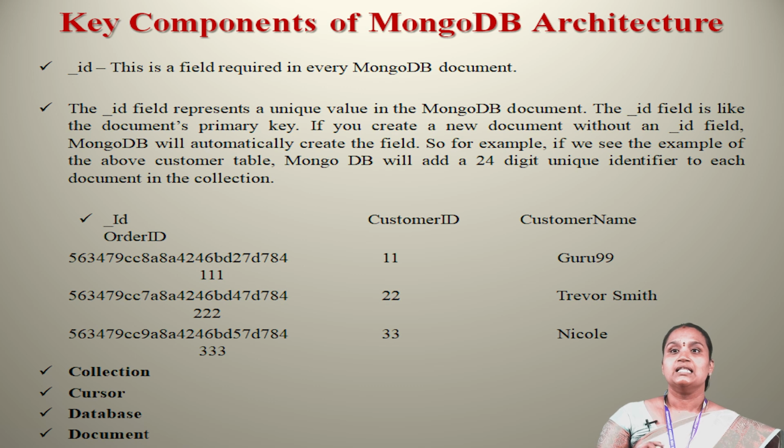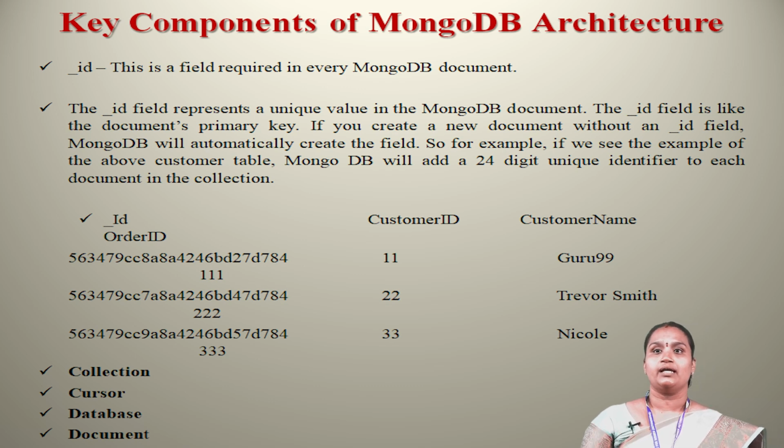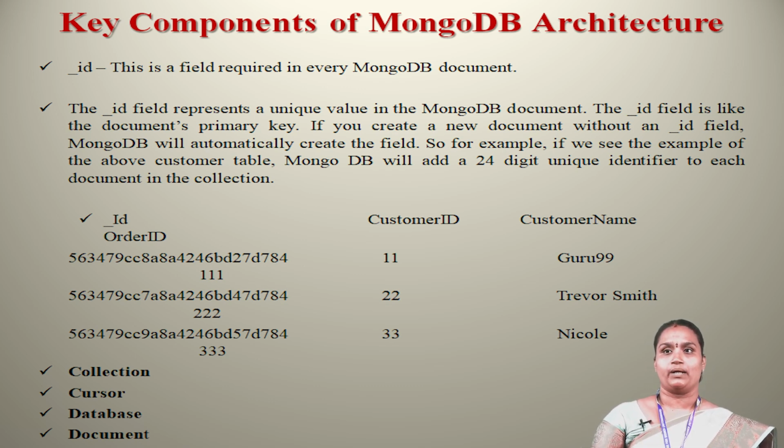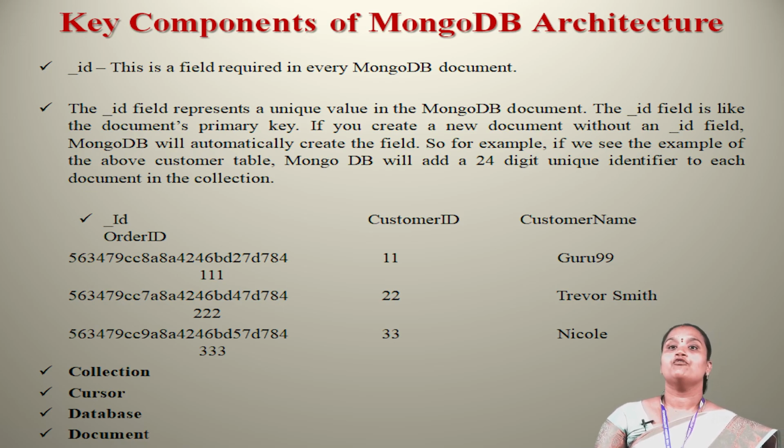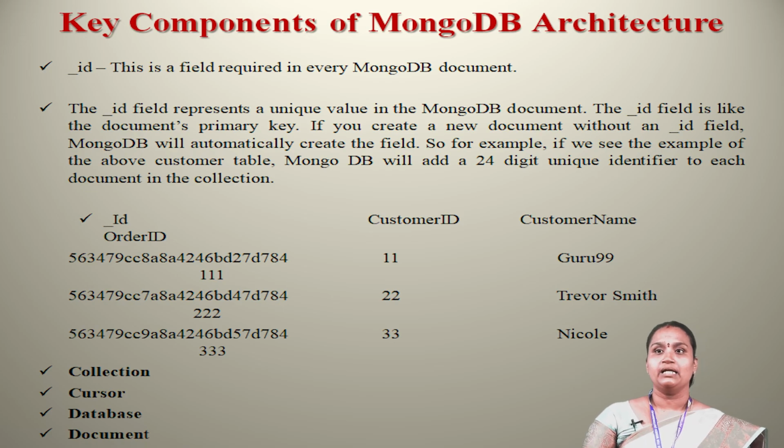The _id. This is a field required in every MongoDB document. The _id field represents a unique value in the MongoDB document. The _id field is like the document's primary key. If you create a new document without an _id field, MongoDB will automatically create the field.